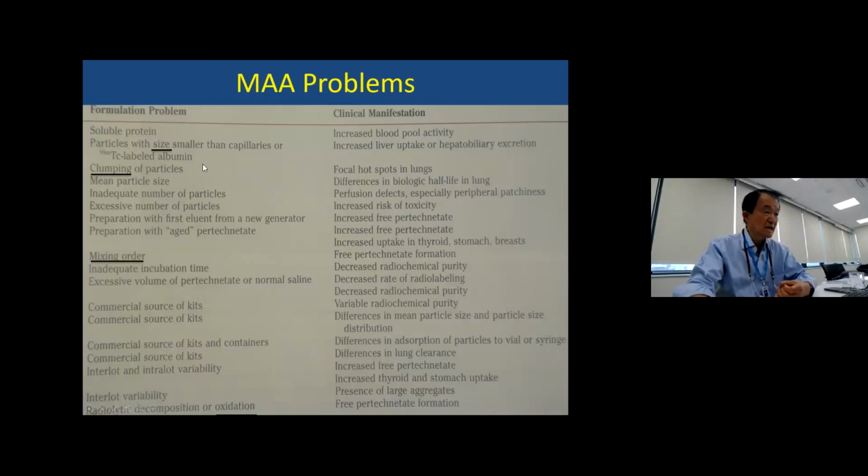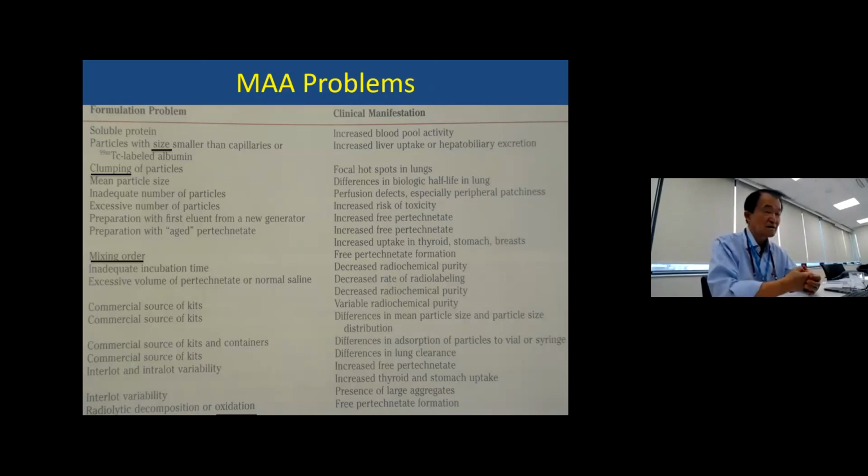Now the MAA is a synthetic particle, usually 20 to 40 micron. MAA, natural protein, blood component, has 10 to 100 micron. The lung capillary is 7 micron.